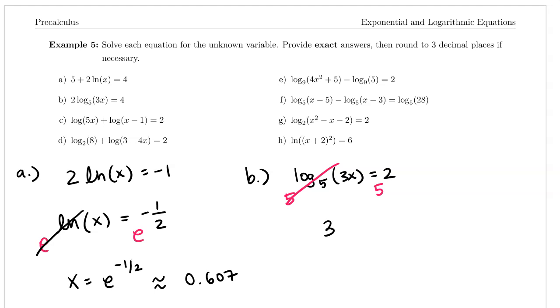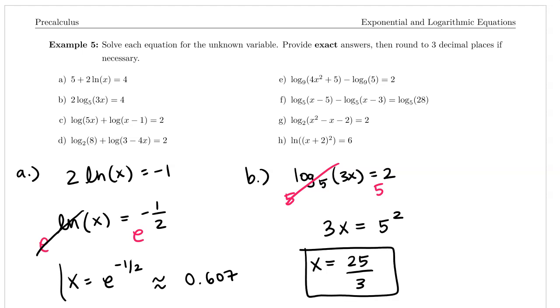And so we have 3x is equal to 5 squared. And if we divide both sides by 3, 5 squared is 25. Then if we divide by 3, we get that. So here is our final answer for part B, and here is our final answer for part A.